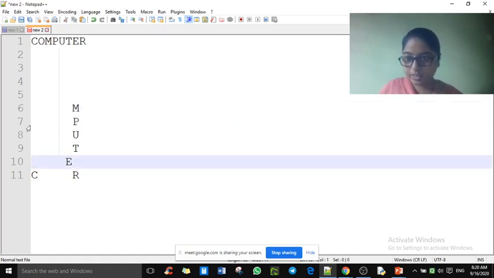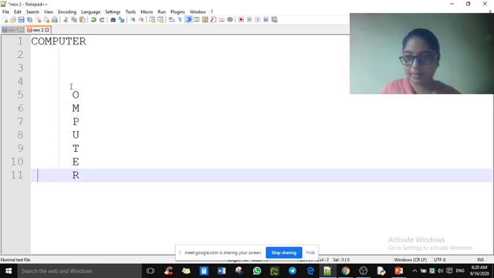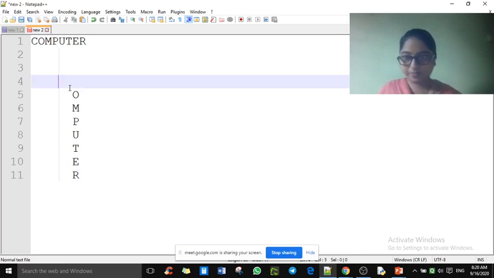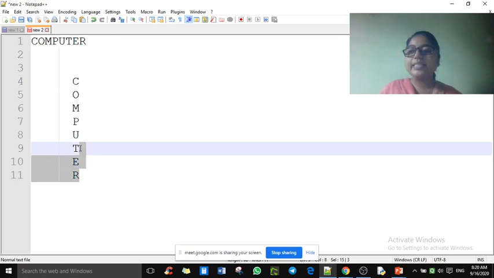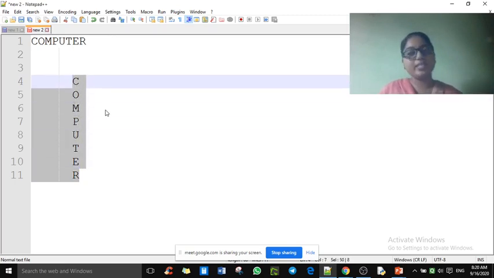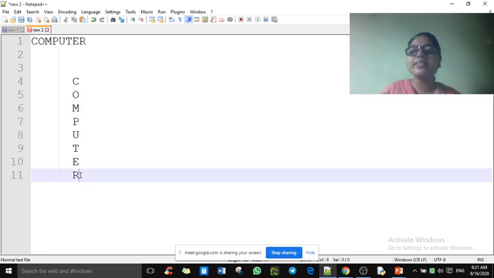Now it's O's turn. Again it is removed and O is placed here. Okay. So again I am removing C and I am keeping that C here. So what is the thing that I am getting? I am getting the reverse string, that is RETUPMOC. So are you getting how it happened? So whenever you are popping each element, you will get the string in reverse order.